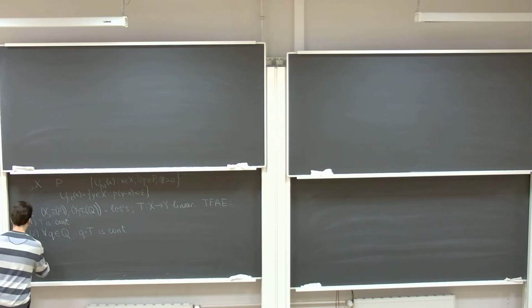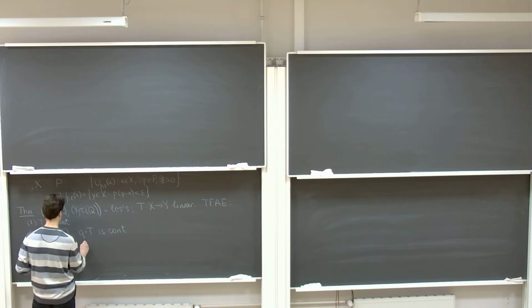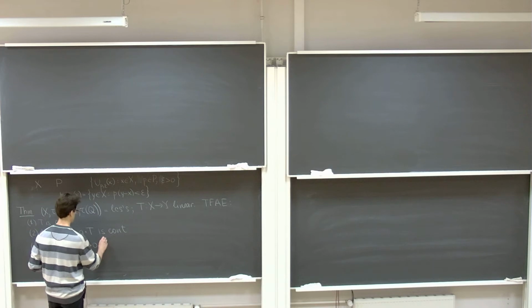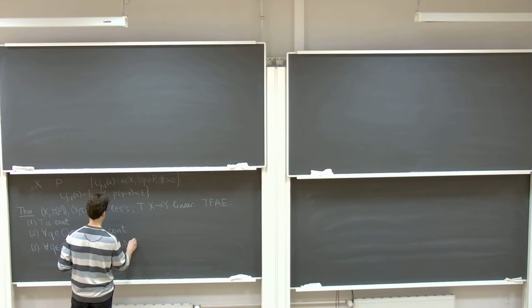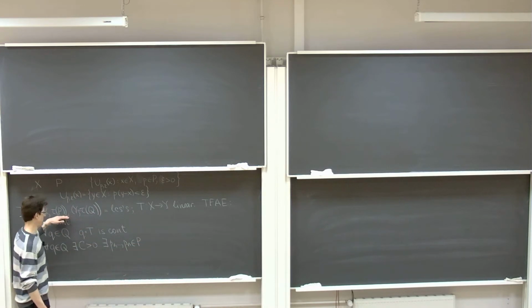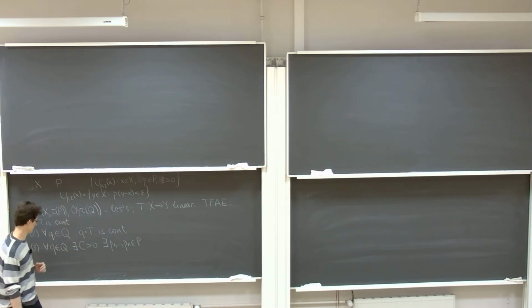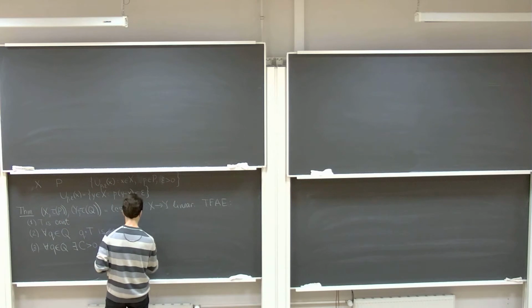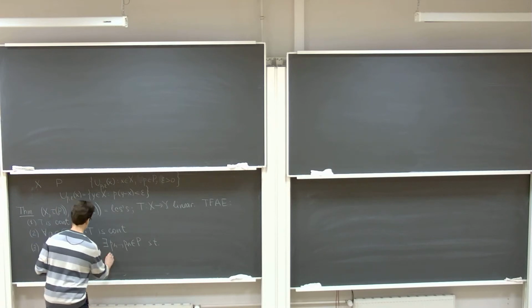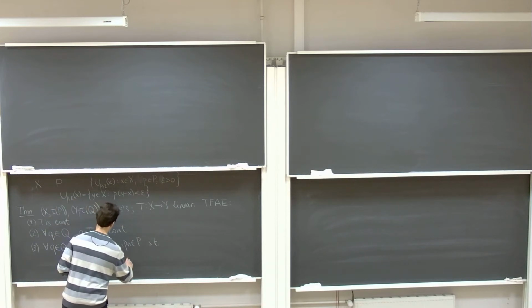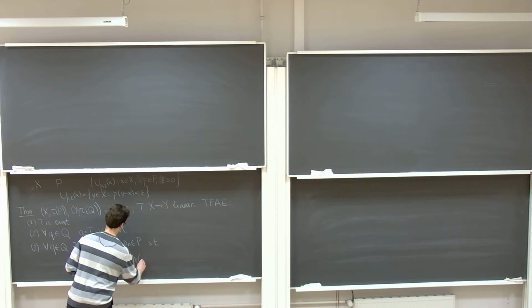In condition 3, for each q in the second family, there exists a positive constant C and a finite family of seminorms p_1, ..., p_n from this set, such that we have the following estimate: q(Tx) is less than or equal to C times the maximum of p_i(x).